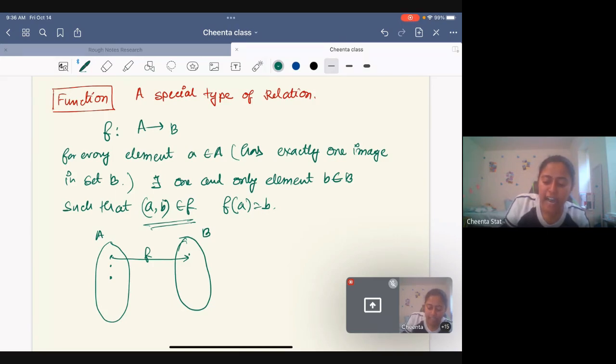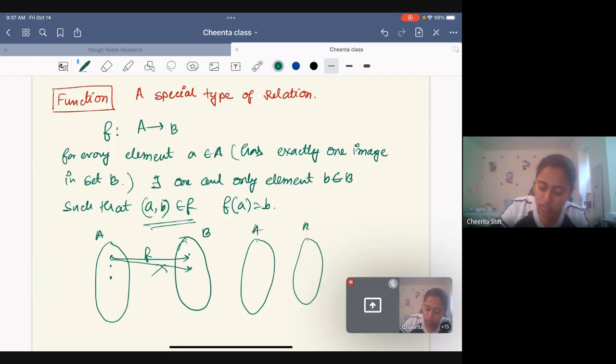But this A can't have another image in B. Like this cannot happen, but this is allowed. Two elements can go to the same element. And what is the example? This is y equals x squared.